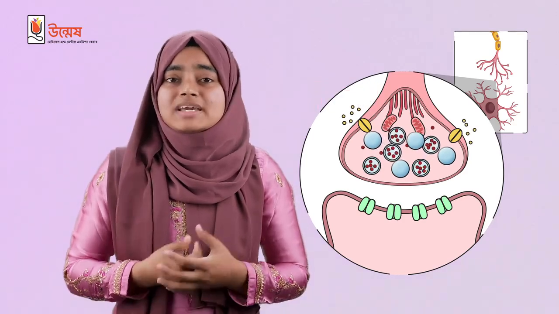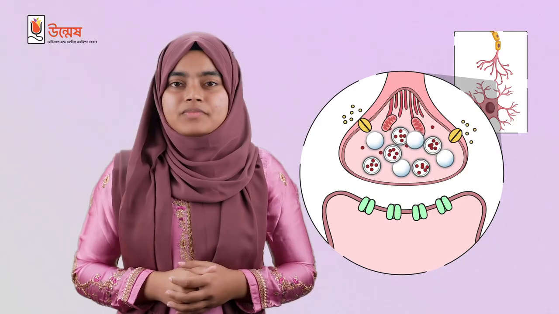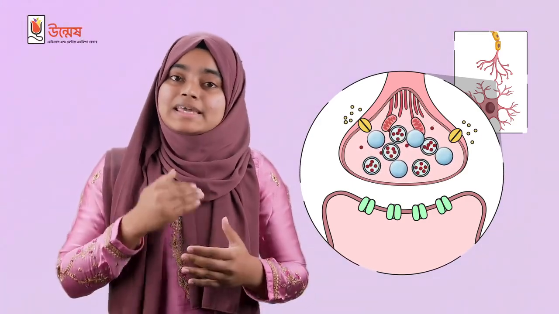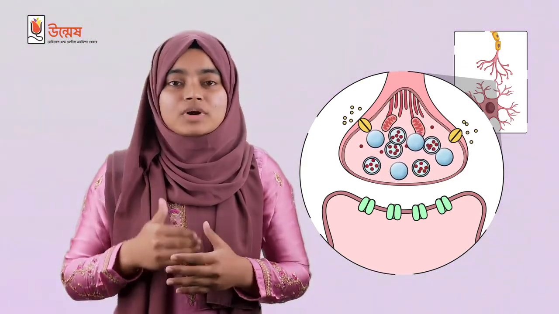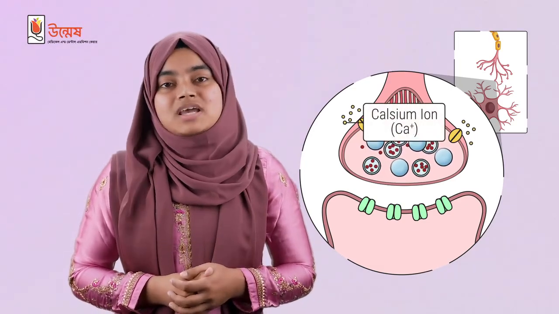Acetylcholine will be formed in the presynaptic neuron and stored in small vesicles. Now what we need to do is release this acetylcholine into the synaptic cleft. But these vesicles cannot move towards the cleft by themselves. They need help of calcium ion.